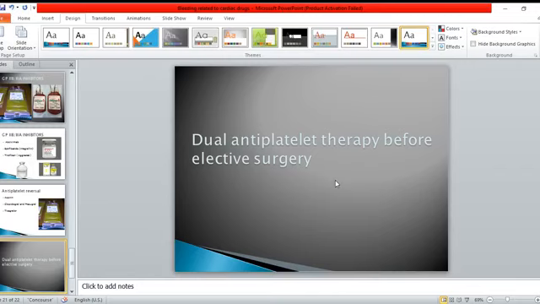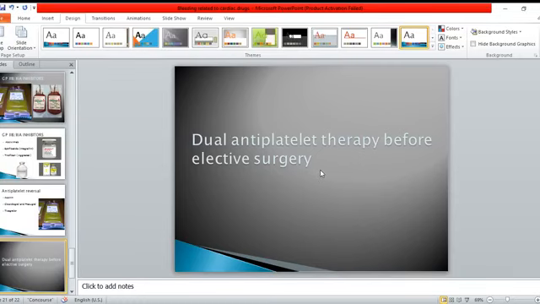If you have a patient with a high risk of thrombosis, so a drug-eluting stent in the left main artery, for example, and high bleeding risk, so a bloody surgery where you expect or anticipate excess bleeding, what to do in these situations of high bleeding risk and high thrombotic risk?